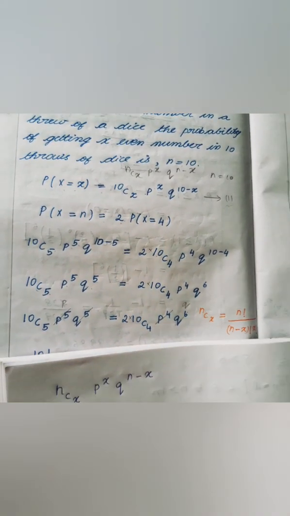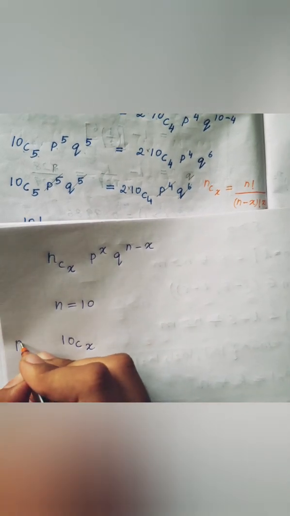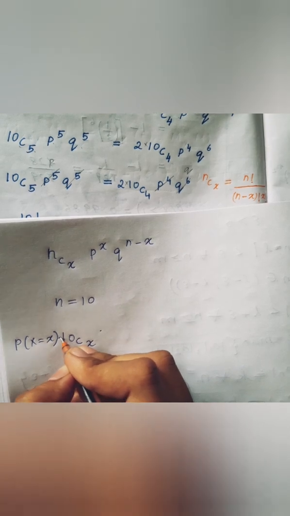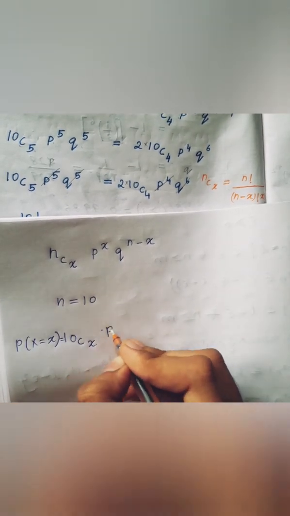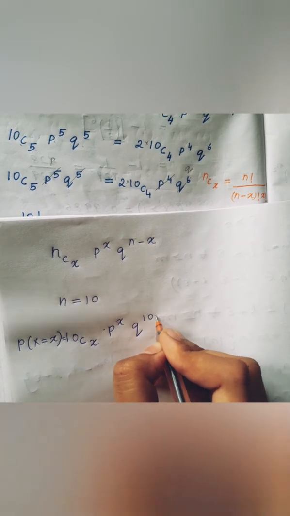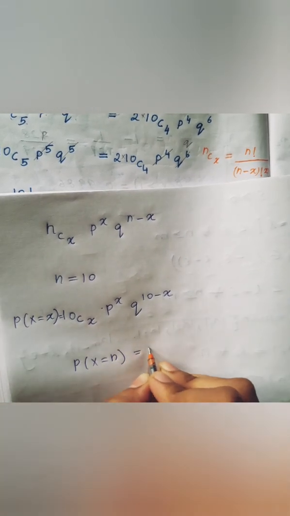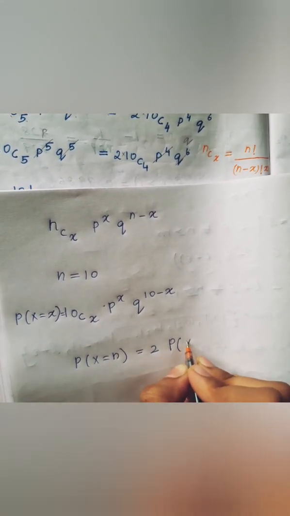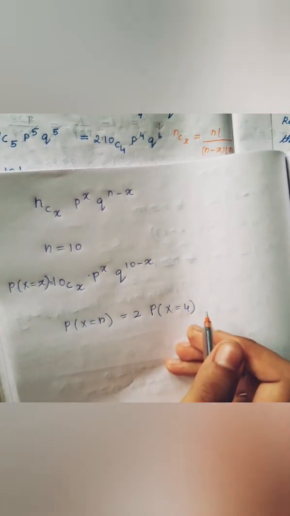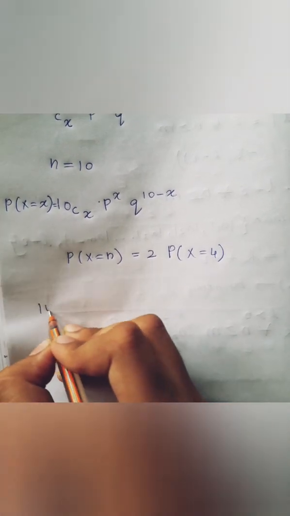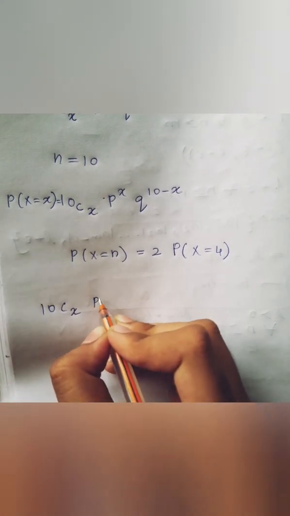So we substitute n, it will become 10C5, that is x is 5 here, but first we are substituting for n is equal to 10. They have given twice the expectation, so we write twice the expectation.